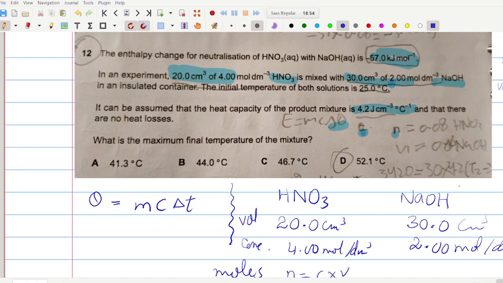Nitric acid is 20.0 with 4.0 mole per decimeter cube, 30.0 with 2.00, divided by 1000.